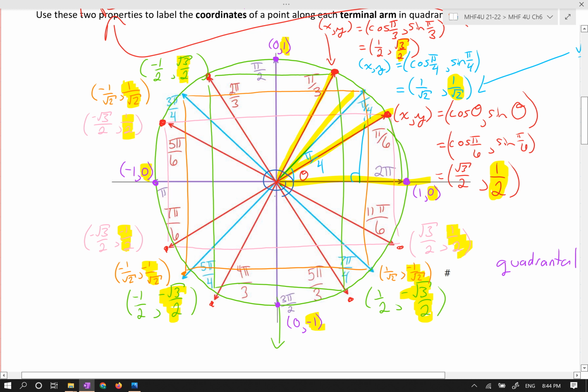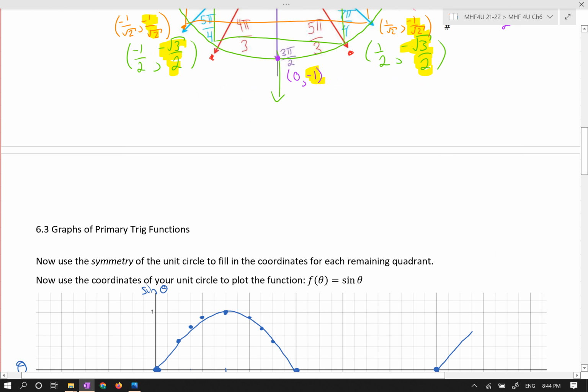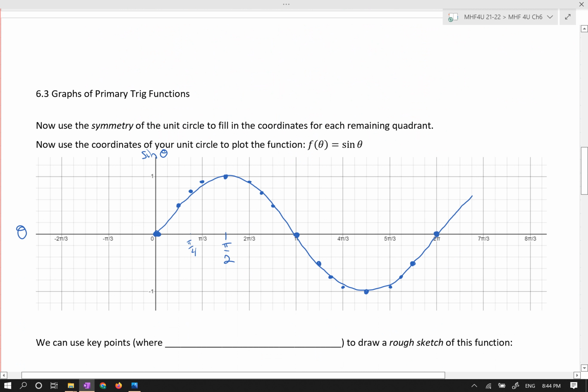We could work with negative theta values, and we could head in a clockwise direction around here. Either way, in both directions, there are an infinite number of values that we can use. And what I'm getting at here is that we're going to expect our function to continue beyond where it was. We expect it to continue and to repeat forever in both directions.